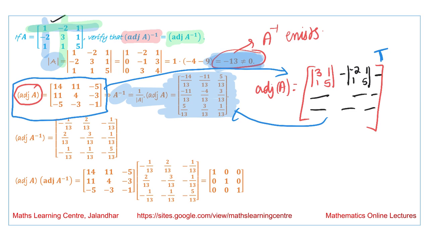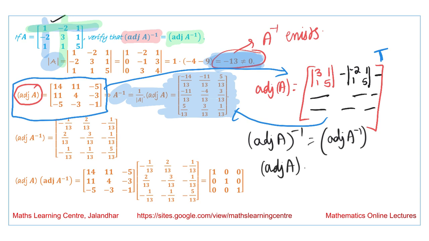Now what we have to verify is that adjoint of A inverse is equal to adjoint A inverse. Basically, if we are able to prove that adjoint A into adjoint A inverse is equal to I, both these conditions are equivalent.